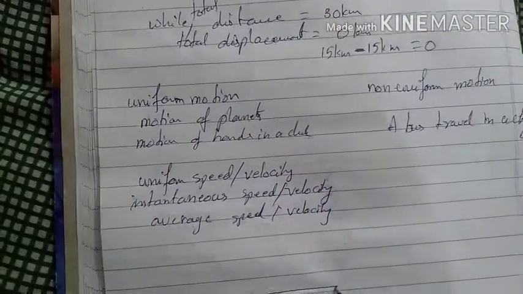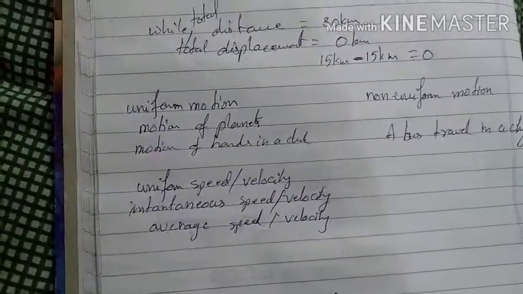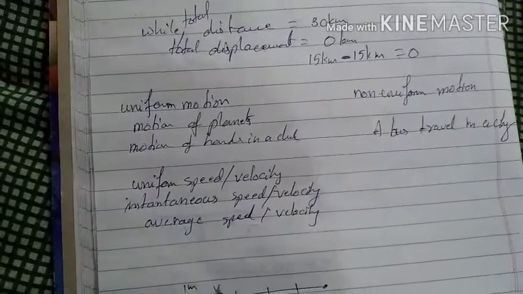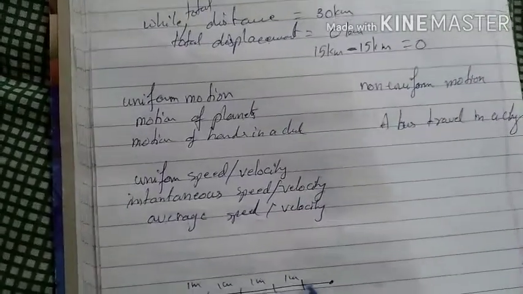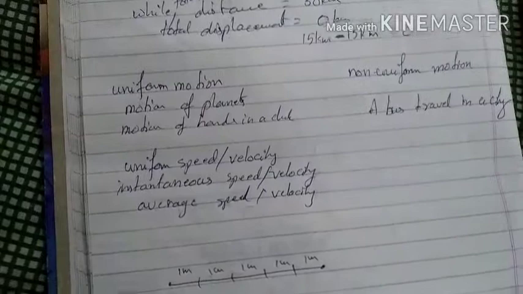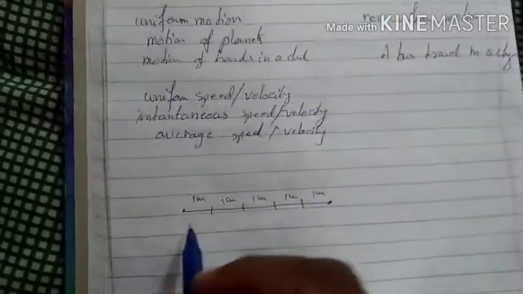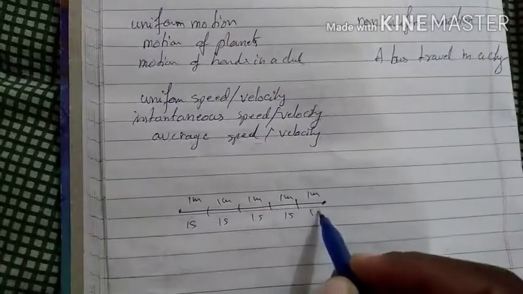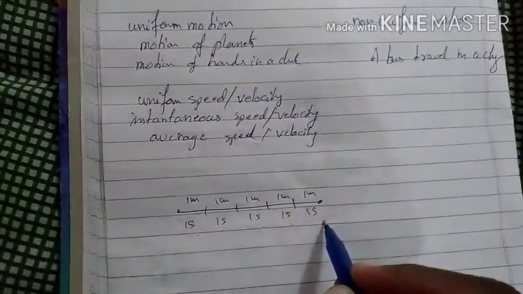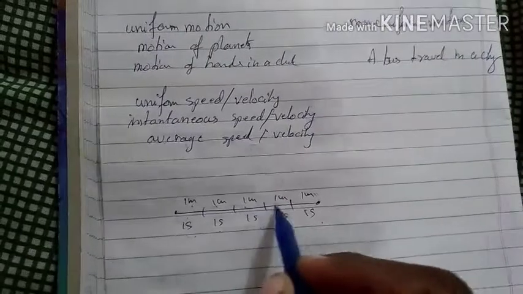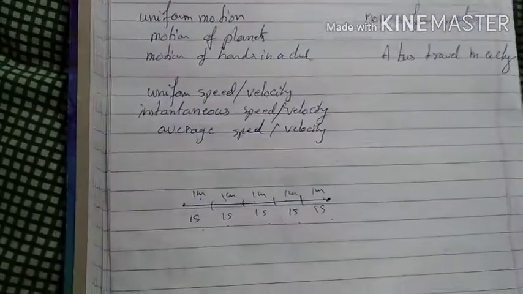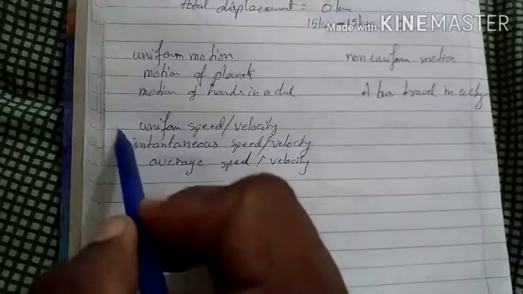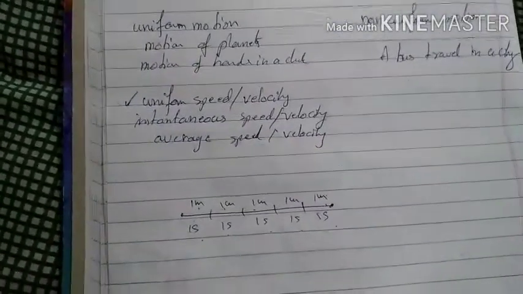If the object is able to cover equal distances or displacements with equal intervals of time. For every regular interval of time, if the object is able to cover the same distance or the same displacement, then it is said to be uniform speed or uniform velocity.